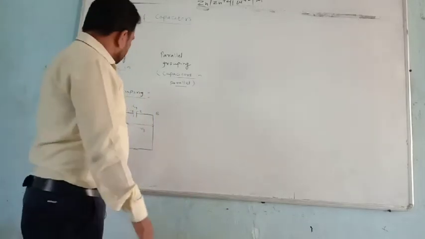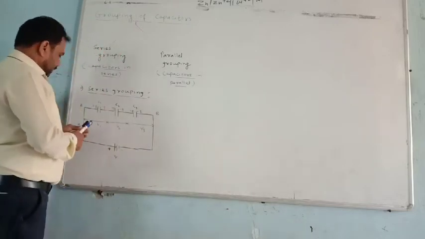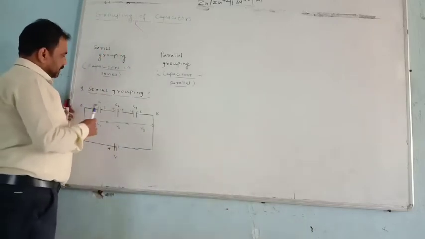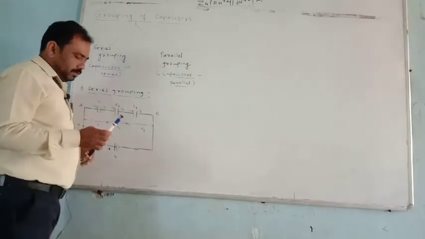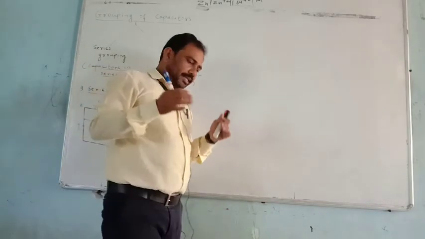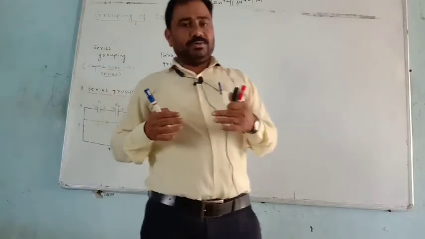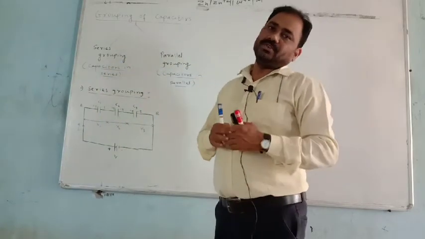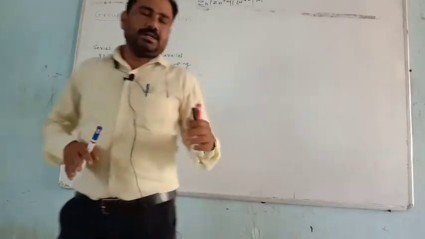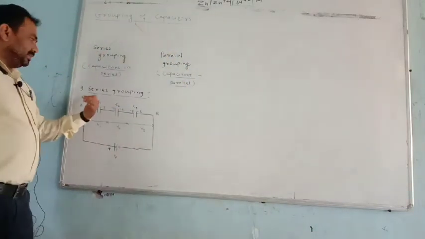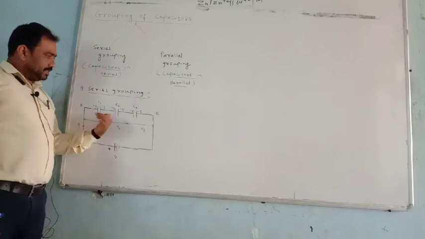Okay, so first we have to describe the series grouping: how this series combination takes place, and then how we can find the equivalent of this series combination. For that purpose, concentrate on this diagram, C1, C2, C3.